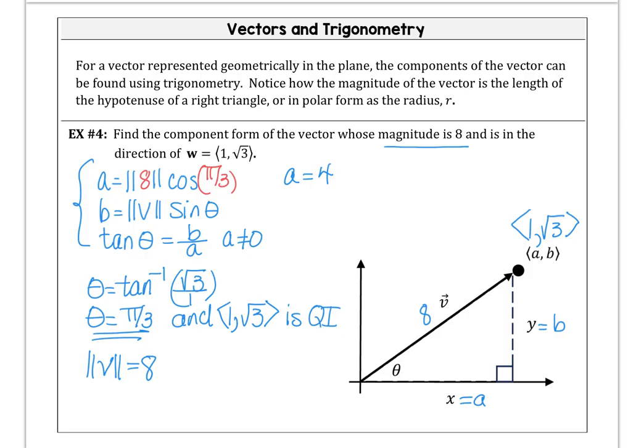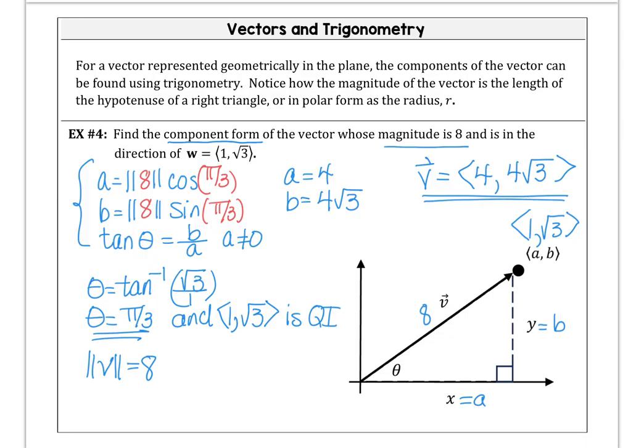Then doing the same thing for the b value, we have sine, so the magnitude is 8, and the sine of pi over 3 is radical 3 over 2. So 8 times radical 3 over 2 is 4 times the square root of 3. That means our vector v can be written in component form, which is what they asked us to do, as <4, 4 square roots of 3>.